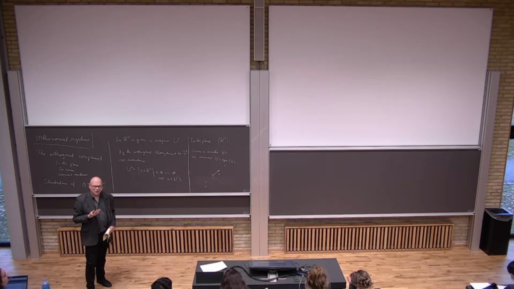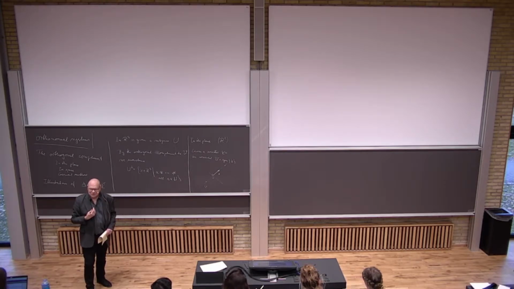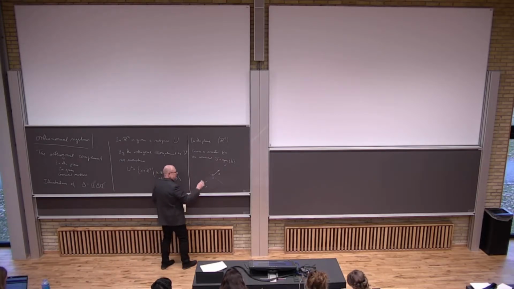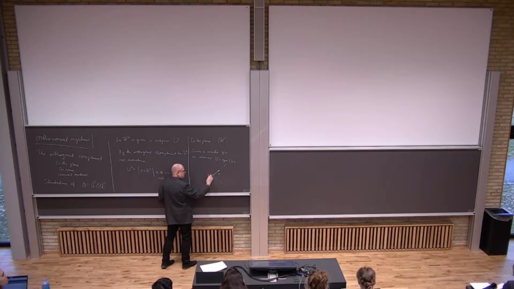And in order to describe the space here, you need a vector on this line here. So you could take, say, the vector perpendicular.